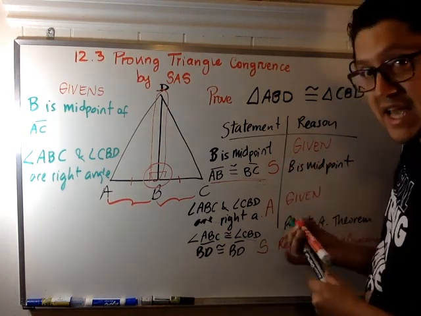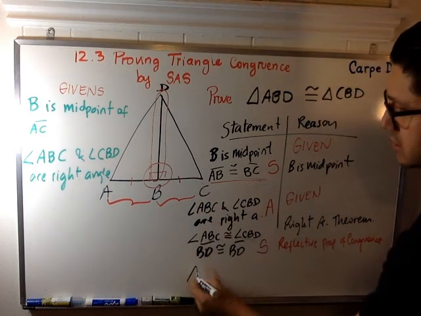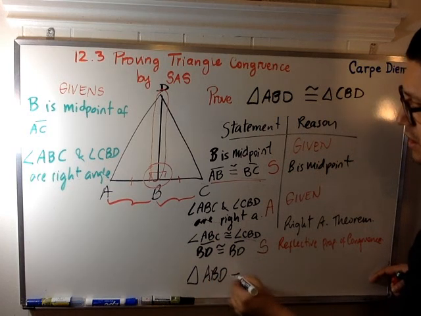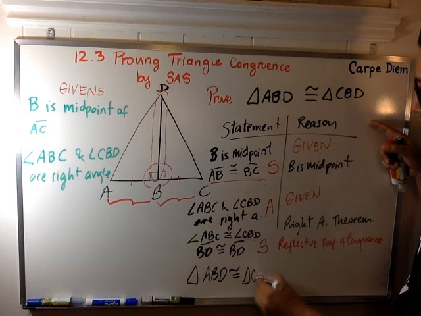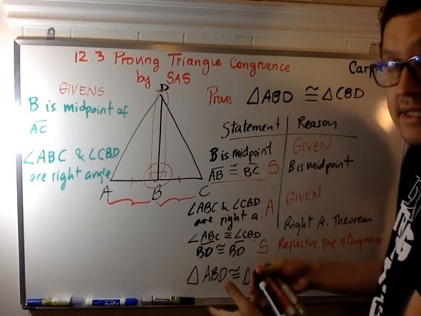So I can say, as the final conclusion of this proof, that the triangle ABD is congruent to triangle CBD. And why can I say that?